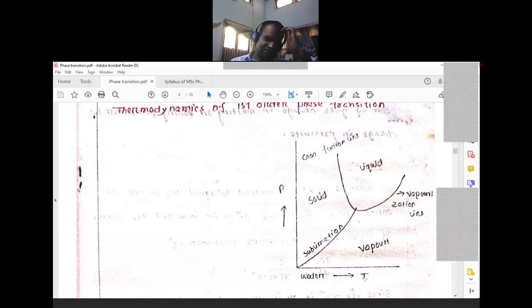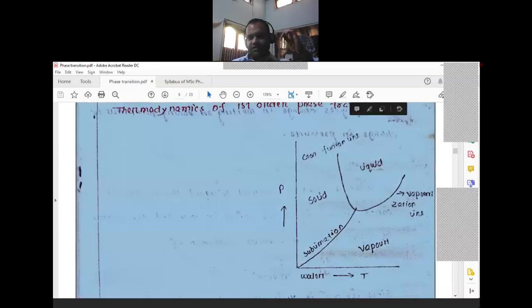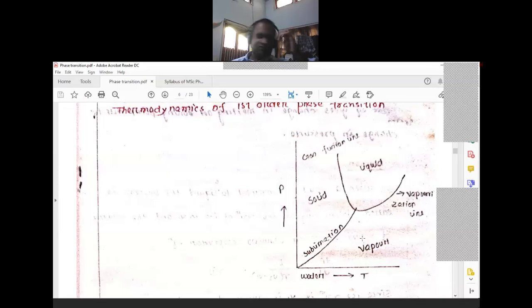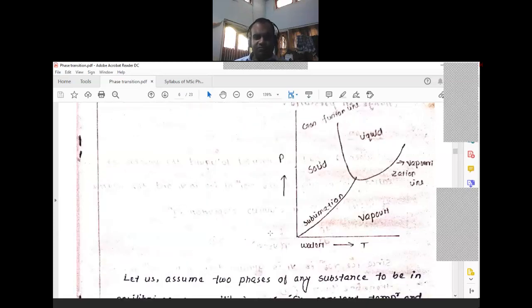Therefore this first order phase transition involves latent heat, and also there is volume change, although we have not mentioned the volume change. And second order phase transition is another thing, which we will also learn about. So when we are learning about thermodynamics, we have the latent heat, capital L, and the volume change.